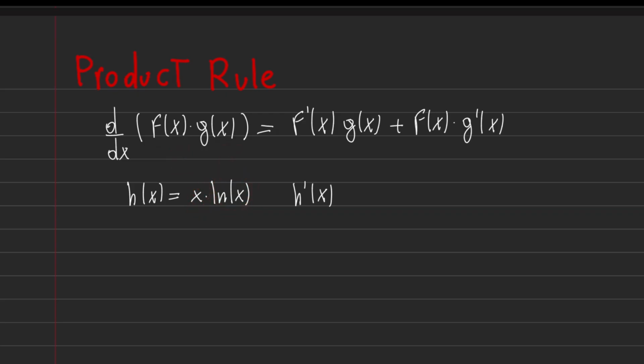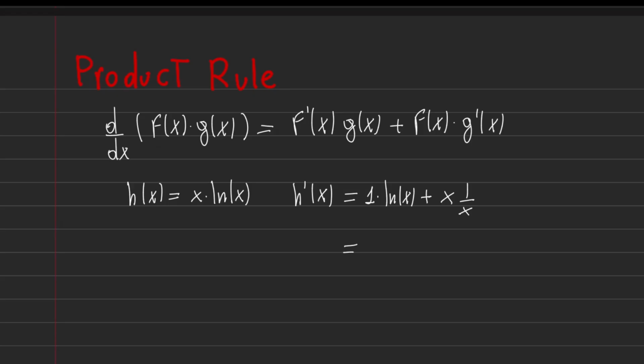So we can compute the derivative as, first, the derivative of the f term, which for us is x, so the derivative of x is just 1, times the second function taken normally, which is the log of x, plus the first function taken normally, x, times the derivative of the second one, which is 1 over x.